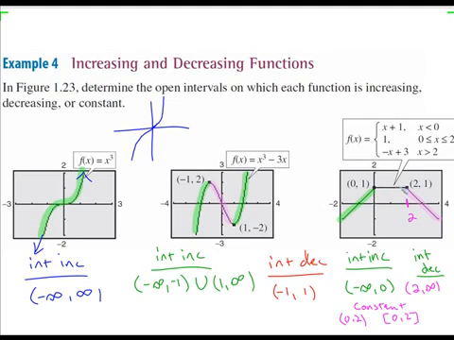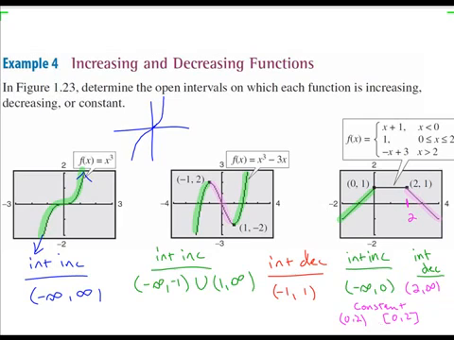For me, I'm not really concerned with that. I'm more concerned with intervals of increase and decrease. So make sure you always use parentheses for increase and decrease. For constant, you could give me the brackets or parentheses. I'm not really picky about intervals of constant.